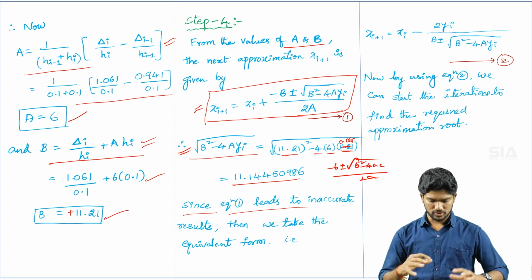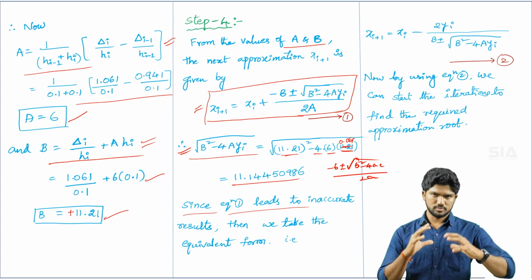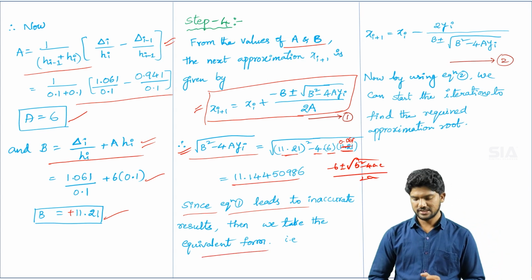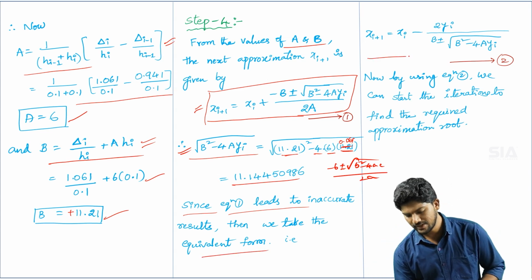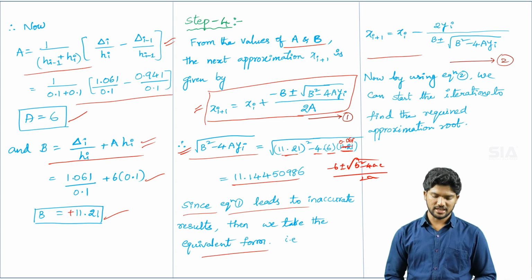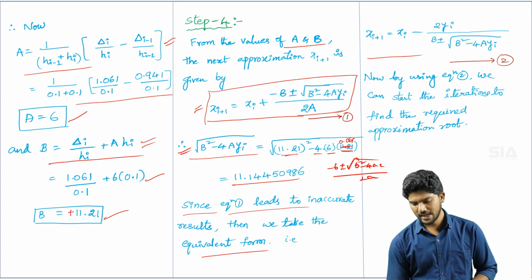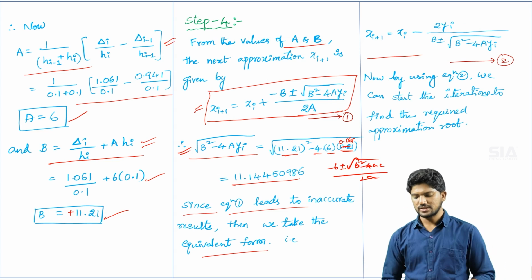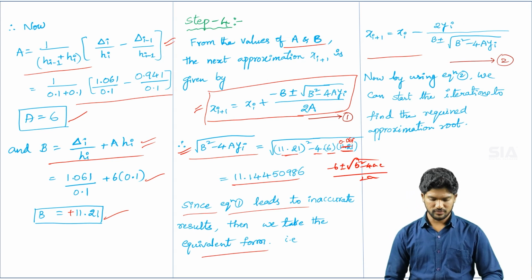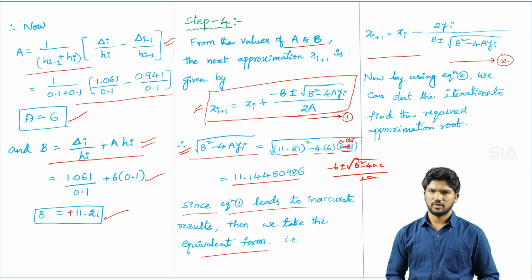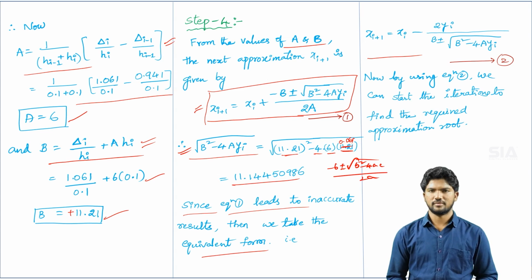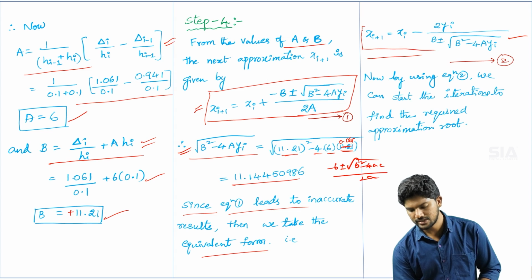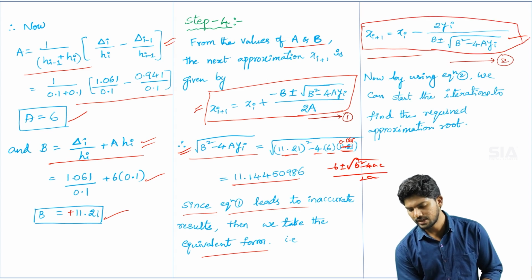To avoid that situation, we take the equivalent form of equation number 1, that is x suffix i plus 1 is equal to x suffix i minus 2 y i by b plus or minus square root of b square minus 4 a y i. We are just reversing the equation number 1, then you will get this condition. This equation number 2 gives the appropriate value for the given root.